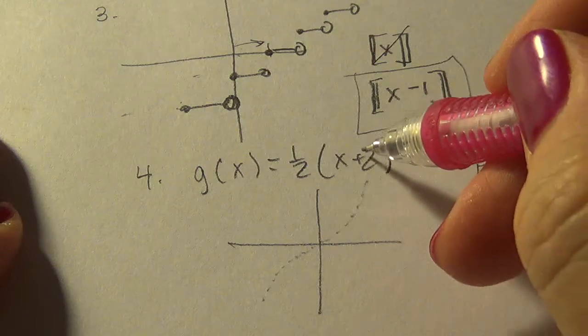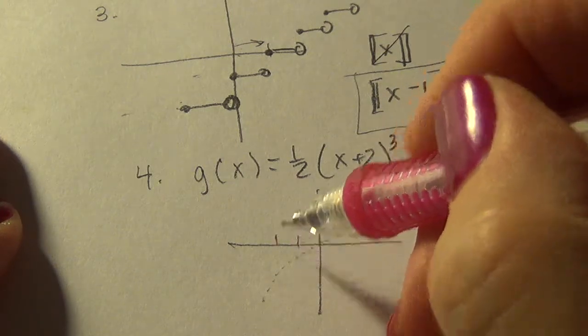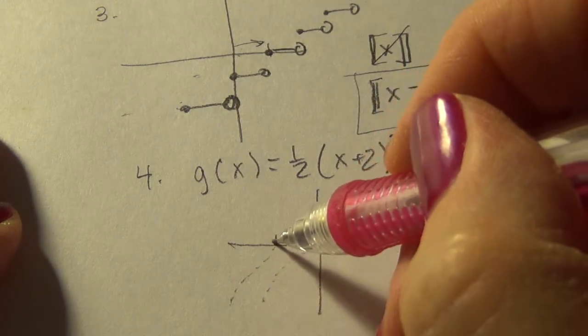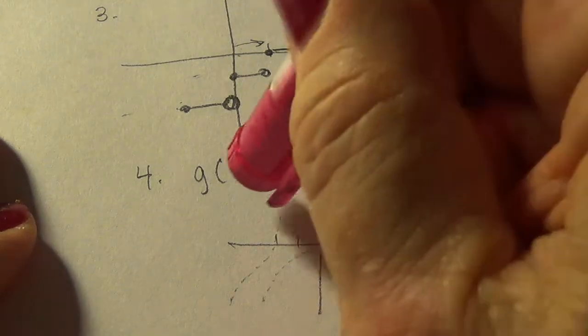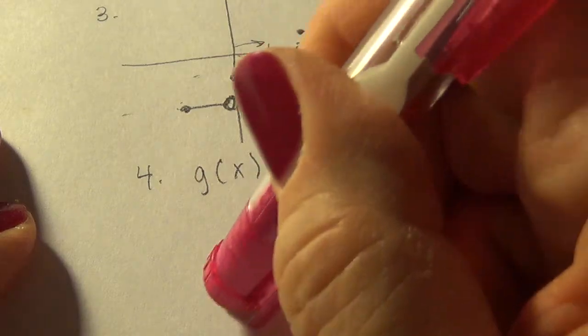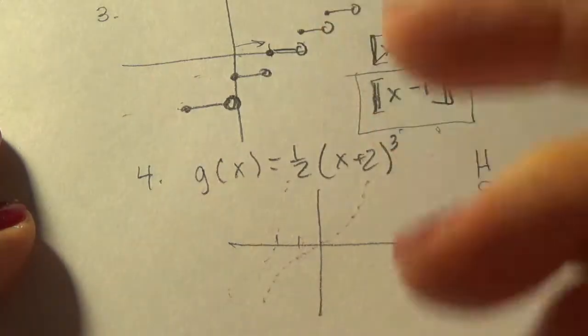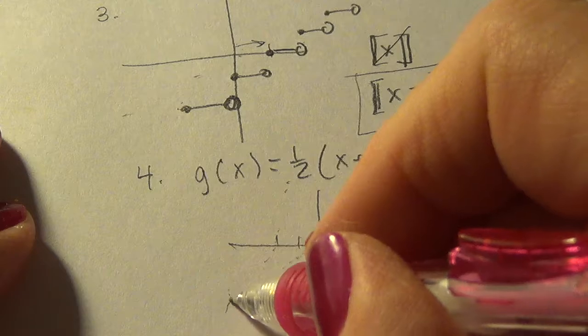Horizontals come first, so this is 2 to the left. And should parallel the picture a little better than that. So it'll look just like this, but 2 to the left.